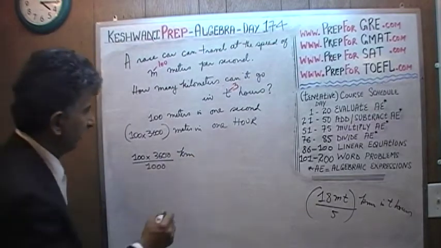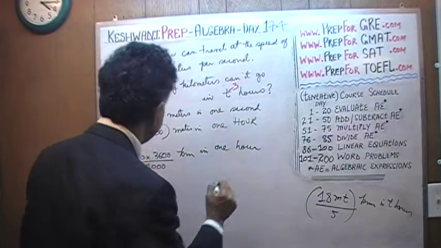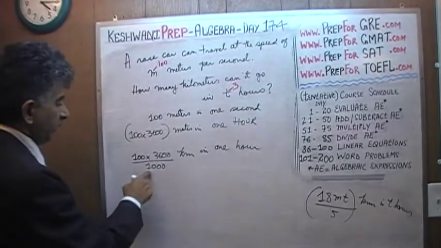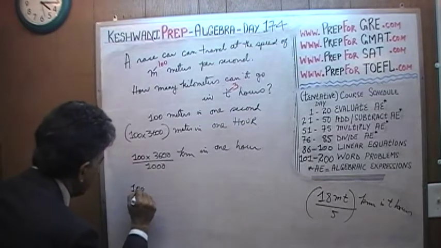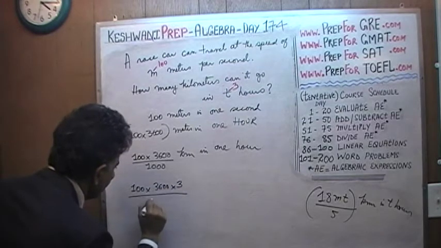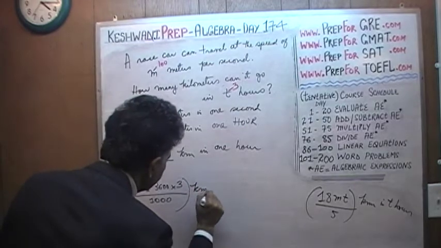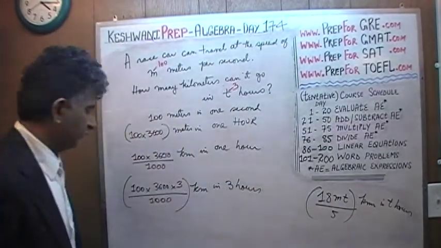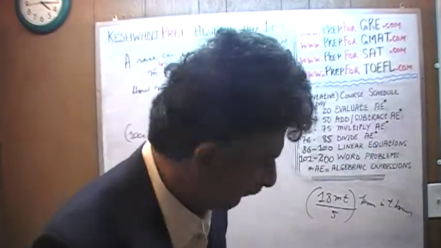This has how many kilometers in 1 hour. But the guy is not traveling for 1 hour, he's traveling for 3 hours. So we need to multiply this quantity by 3 to get 3 hours. So 100 times 3600 times 3 over 1000. This is how many kilometers he travels in 3 hours. You see how simple it is? Now we have to simplify it.